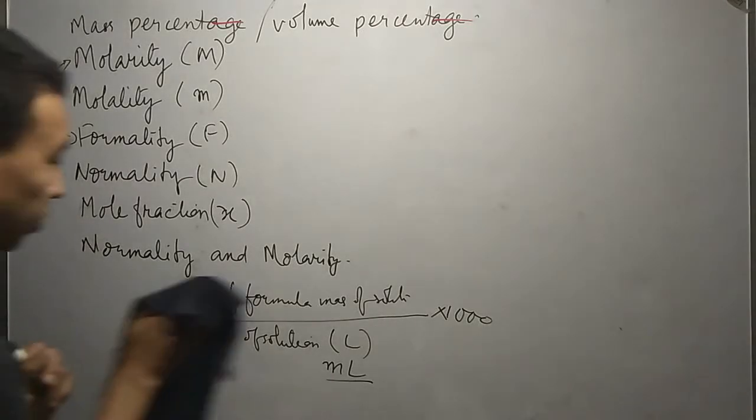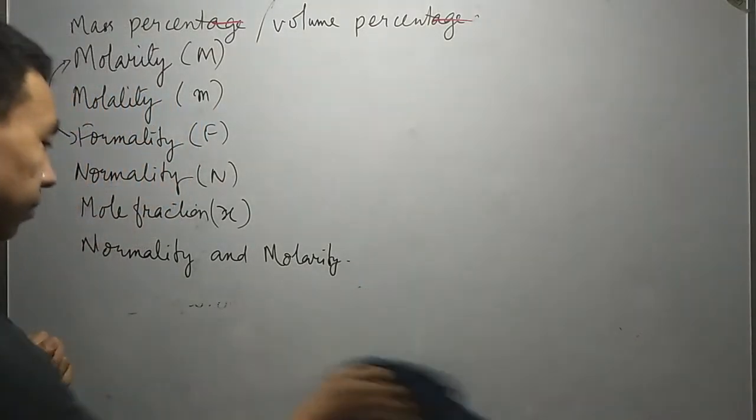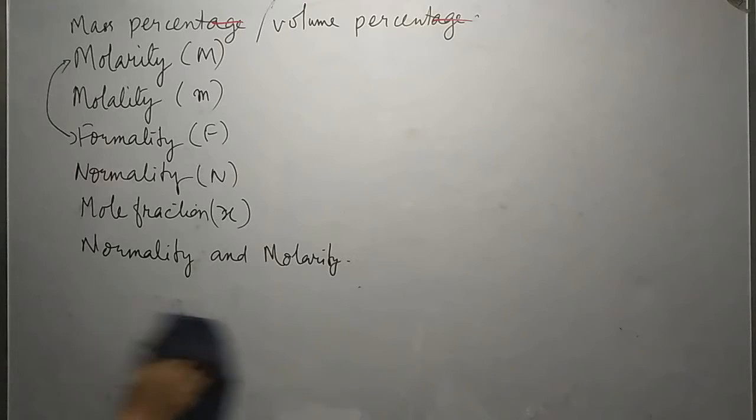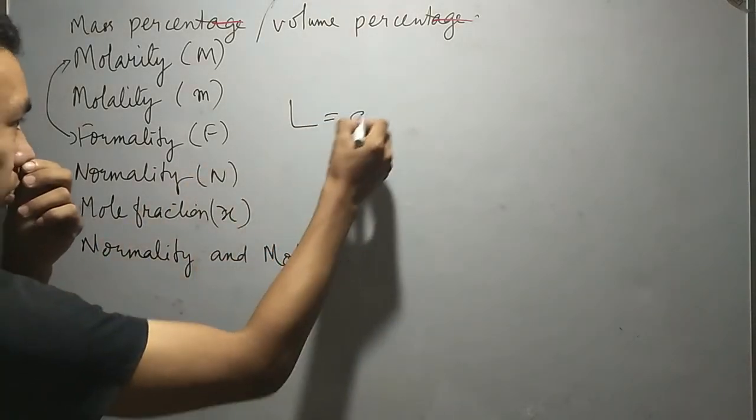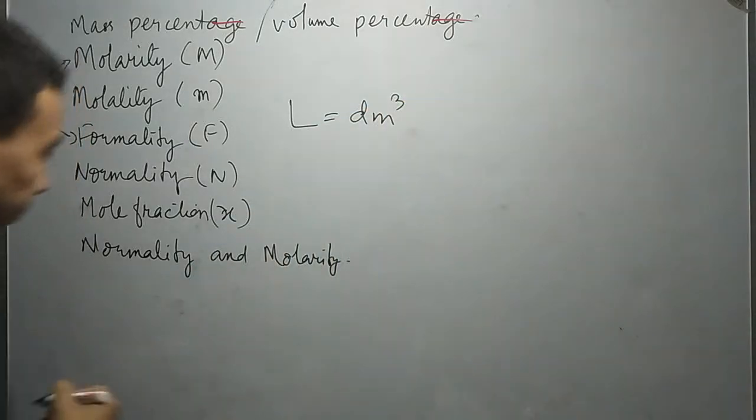Now the next one is normality. Normality of a solution is defined as the number of equivalents of the solute dissolved per liter of the solution. One more thing: a liter is also equal to decimeter cube.